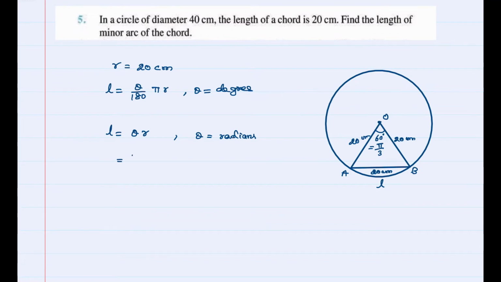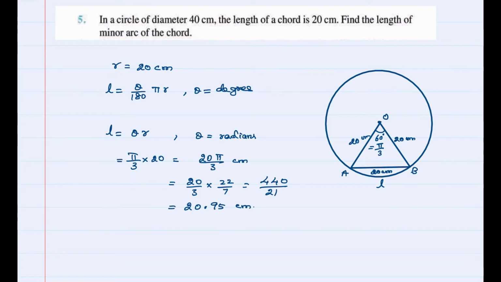Arc length will be radian is pi by 3 times the radius is 20. The answer is 20 pi over 3 centimeters, or we may substitute the value of pi. Pi value is 22 over 7, which is 440 over 21. The answer is 20.95 centimeters approximately.